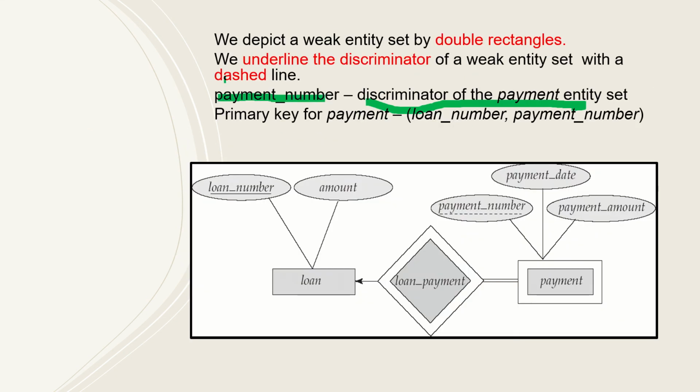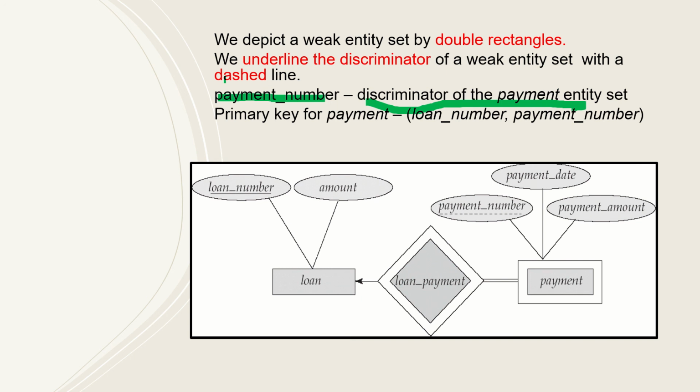So we know how to represent a total participation, that is indicated by a double line. And a strong entity set may not be total, it can be partial. All the entities in the strong entity set, the identifying entity set, may not be participating in the relationship. Okay, so that is a very important point.